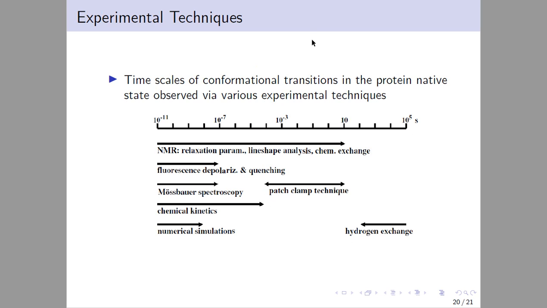So the last one. We want to see the protein native state, the time scale of conformational transition in the protein native state via various experimental techniques. So this is NMR, chemical kinetics, numerical simulation, multiple spectroscopy, phase climb technique, hydrogen exchange.